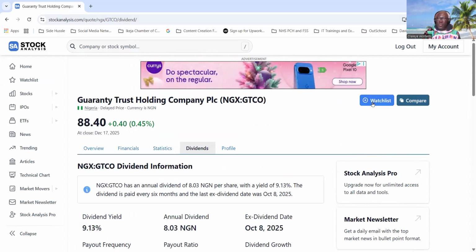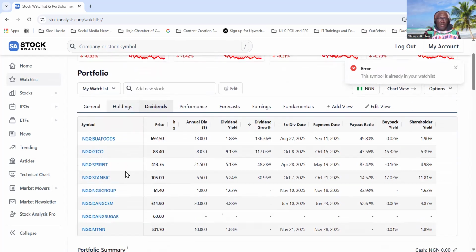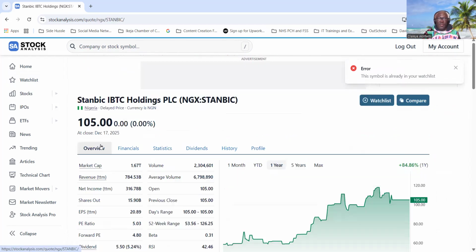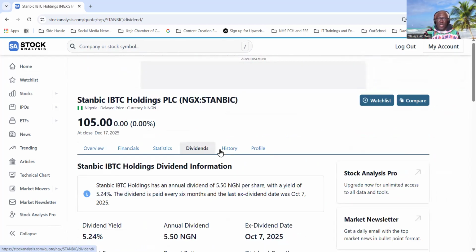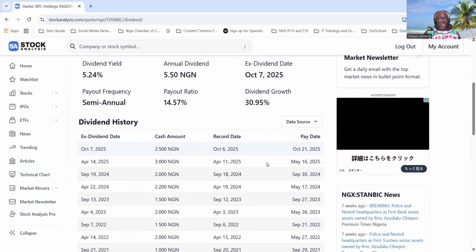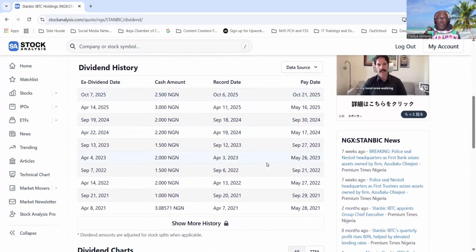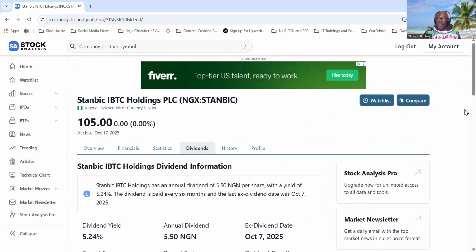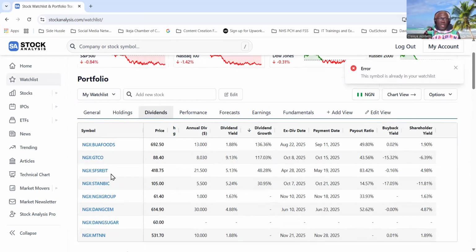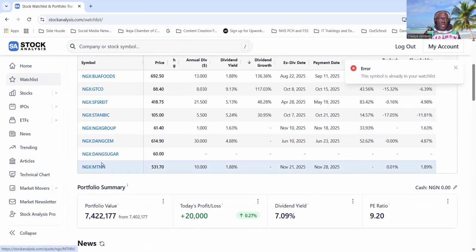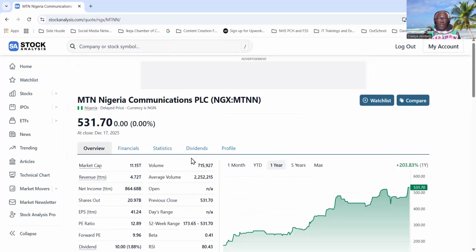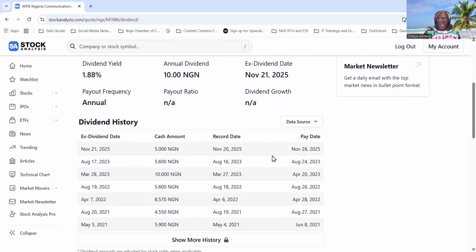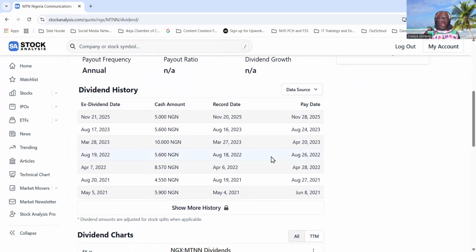If I go back into watch list and click on Stanbic, and then click on dividend, you can see the dividend history of Stanbic. Let's see what is the dividend history for NTN. Okay, click on dividend. It tells you the dividend history.